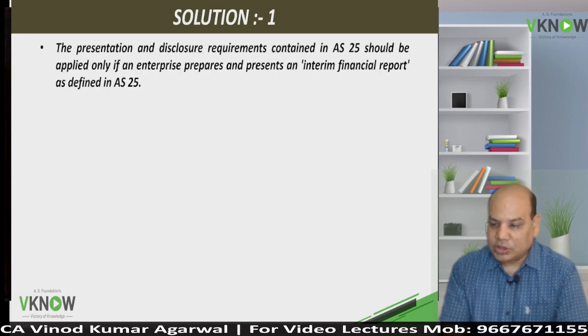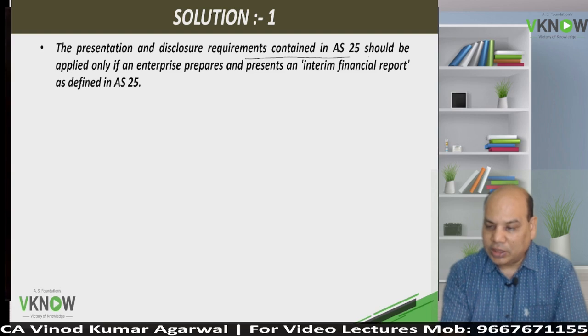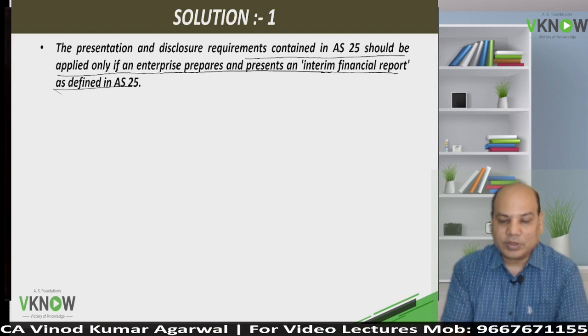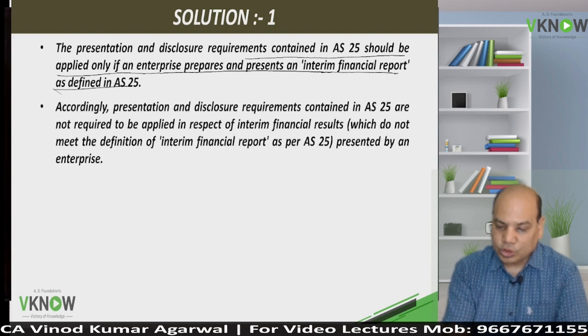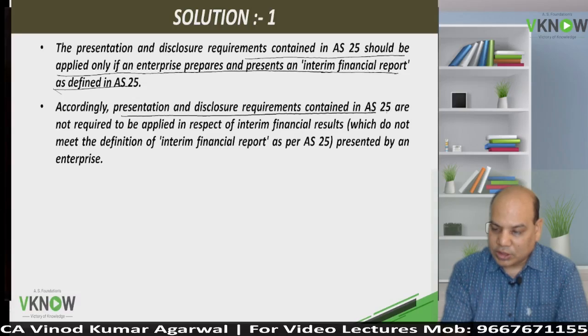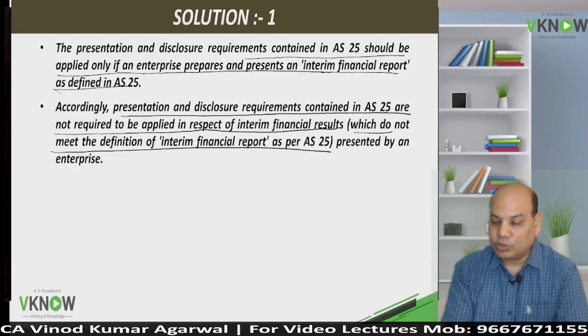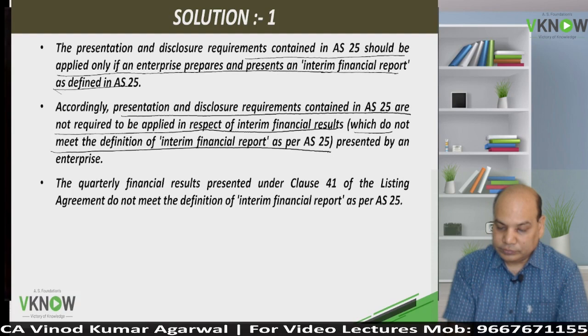The presentation and disclosure requirement contained in AS 25 should be applied only if the enterprise prepares an interim financial report as per AS 25. Accordingly, presentation and disclosure contained in AS 25 are not required to be applied in interim financial results which do not meet the definition of interim financial report as per AS 25 prepared by an enterprise.